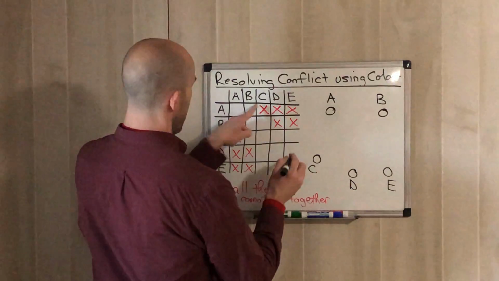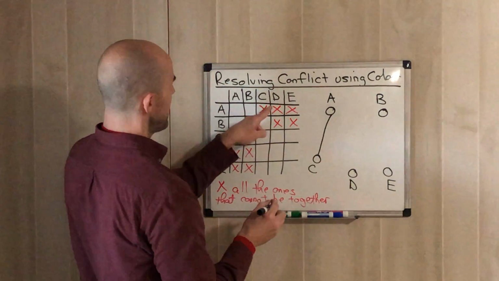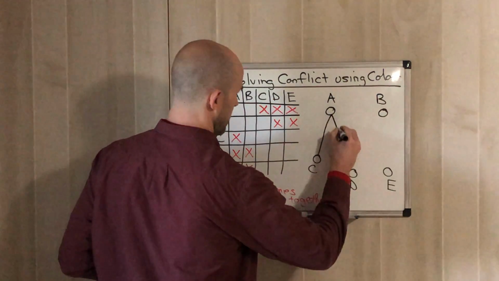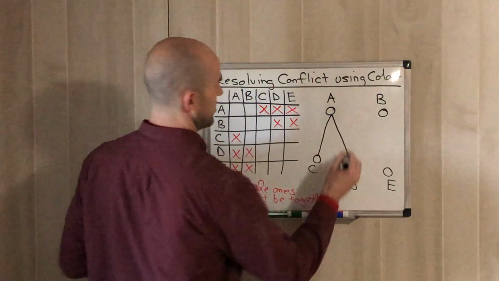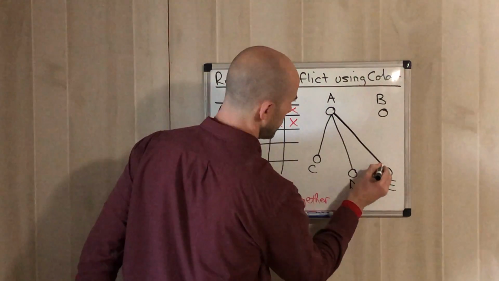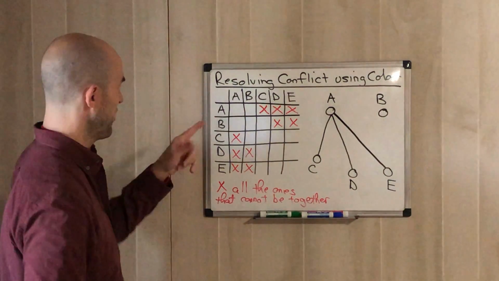So AC, draw a line, AD, draw a segment, AE, draw a segment. All I'm doing at the moment is connecting the ones that are marked off with an X.